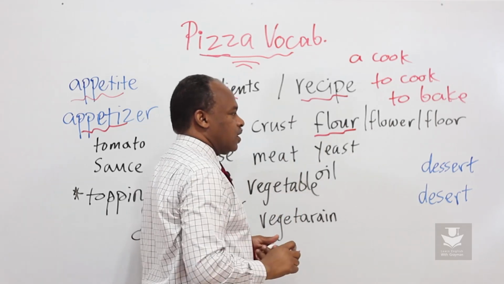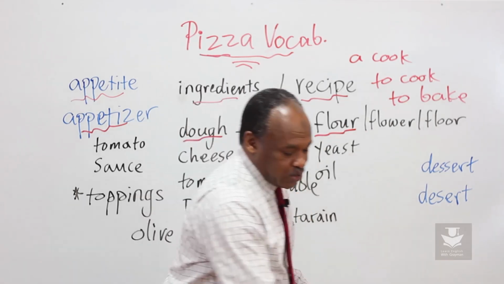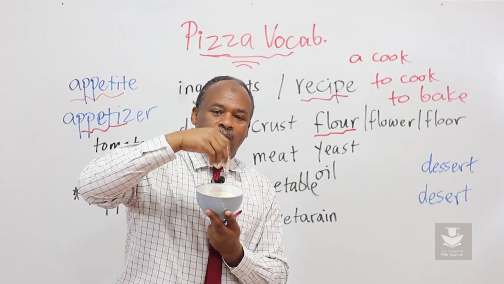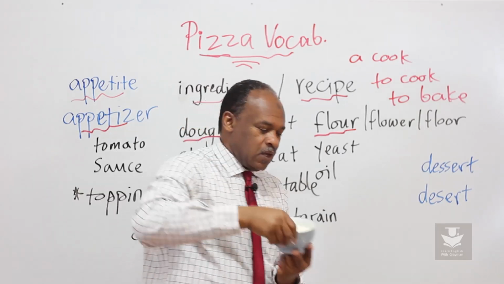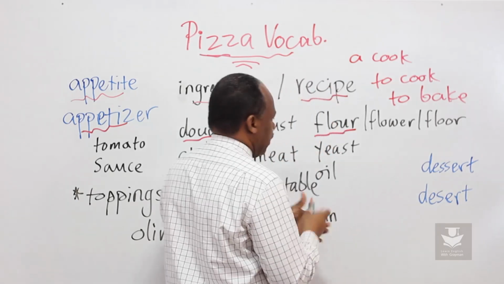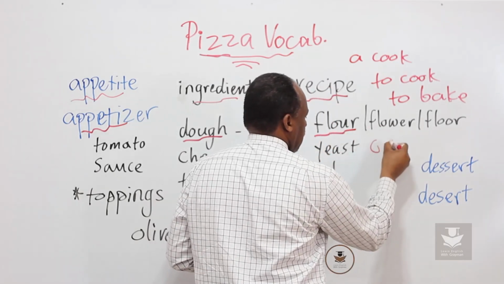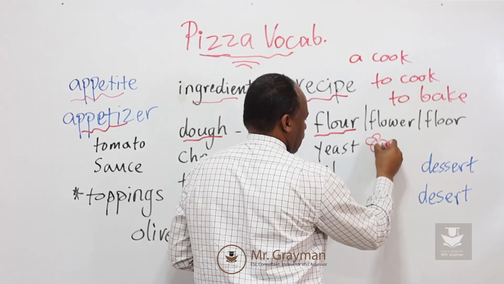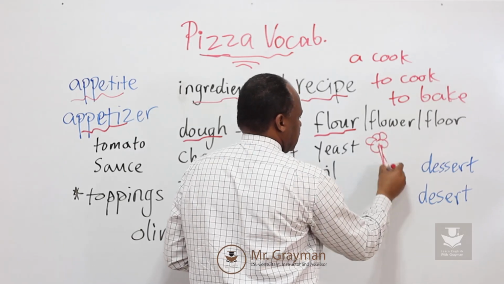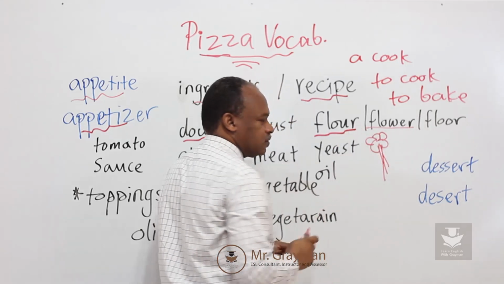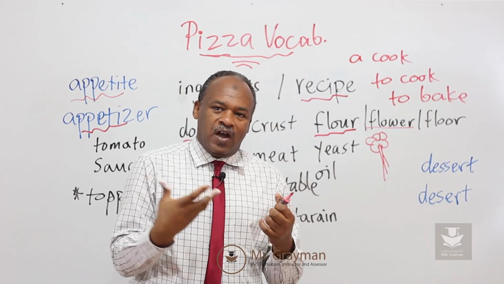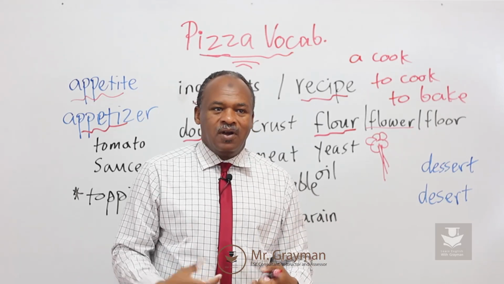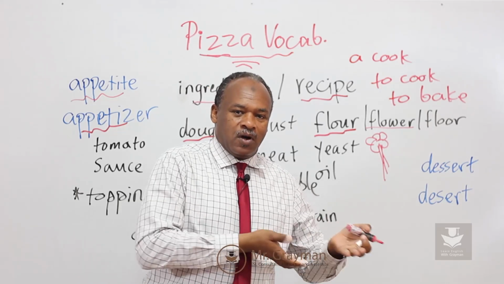F-L-O-U-R. This is flour, okay? And this one here, this is flour. Okay, if you have a friend who has got a special occasion, then you would go with the flour.